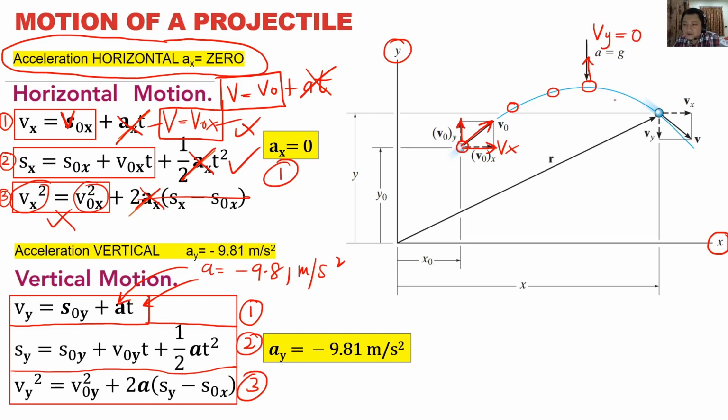There is no vertical velocity. But horizontal velocity is the same, Vx, all the same. How about Vy? Vy keeps on getting smaller and smaller. For example, if Vy original is like this, as it gets higher, it becomes shorter and shorter until 0. This one becomes 0 already, no Vy. But Vx, all same. Same length.